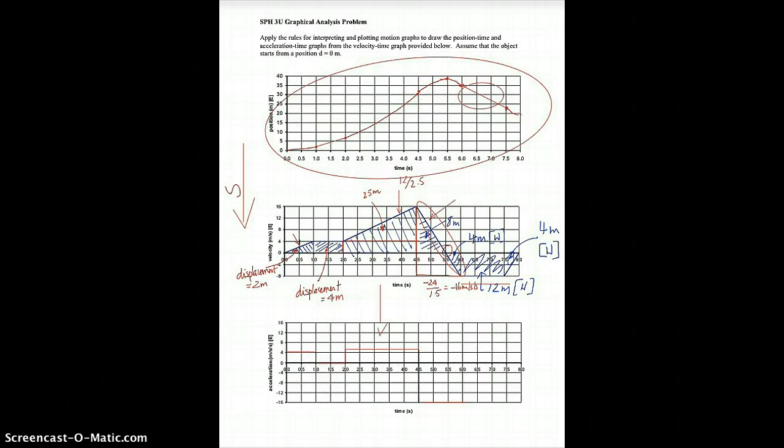So if I take the slope, then I can go this way, and if I want to go the other way, from the bottom towards the top, then I find the area. And remember that when you're finding the area, you always find the area between the graph and the time axis. So that's what you're doing for area.